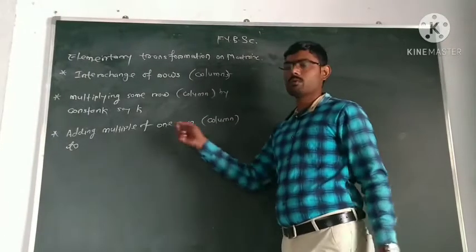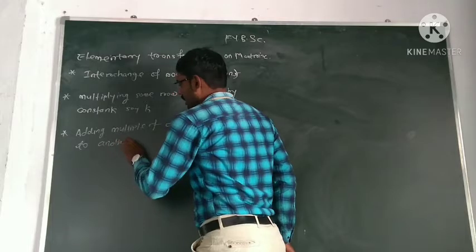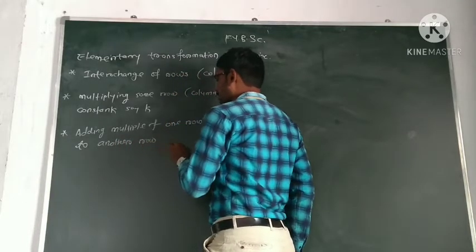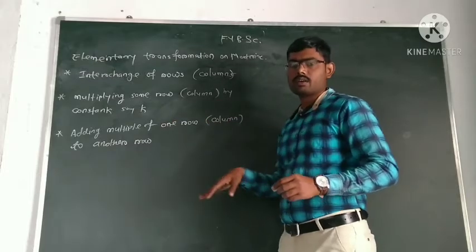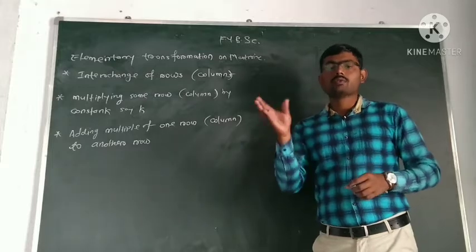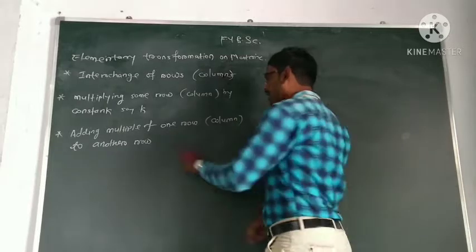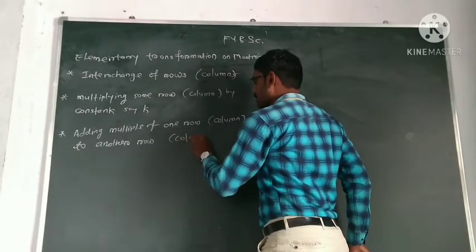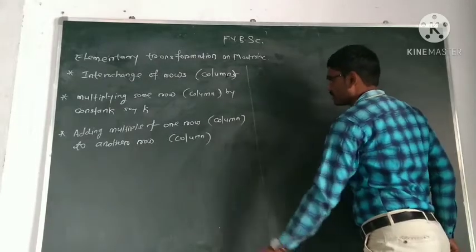Adding a multiple of one row to another row, and adding a multiple of one column to another column. But we cannot add a multiple of one row to a column. We can add a multiple of one row to another row, or a multiple of one column to another column only. These are the elementary transformations.